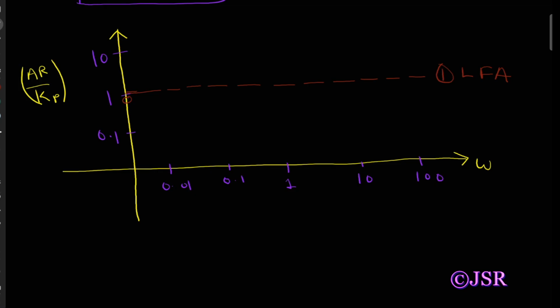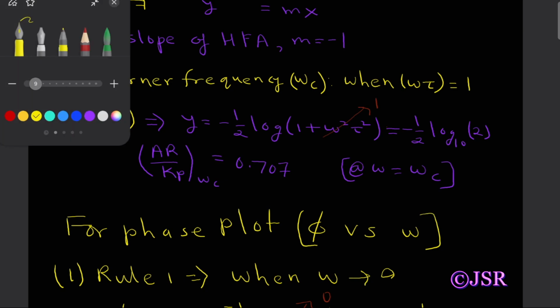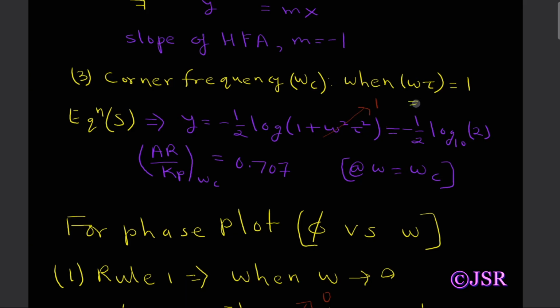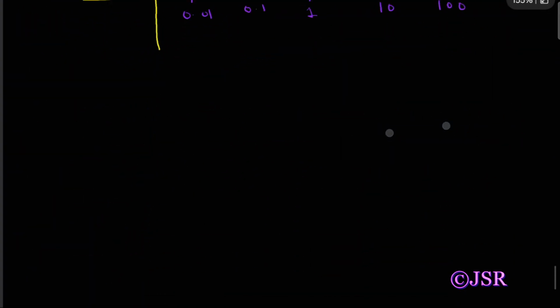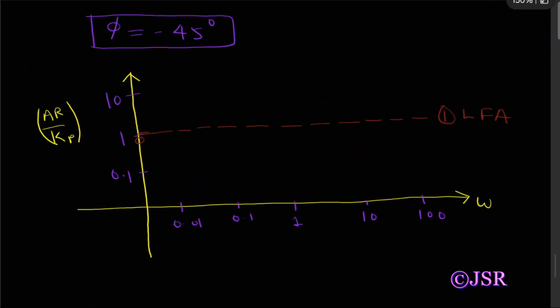And when omega tau is equal to 1, the corner frequency will be equal to 1 by tau, and this will depend on the system parameter. So first we have to identify what is the corner frequency.